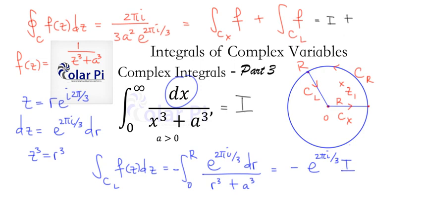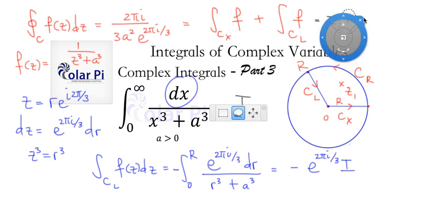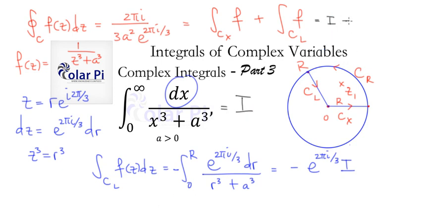So let's put a minus right here. But yeah, we need to be in black. Also minus, and then it's e to the 2 pi i over 3 times I. So we have that this equals this, and that's how we're going to solve for I and what remains of this video.